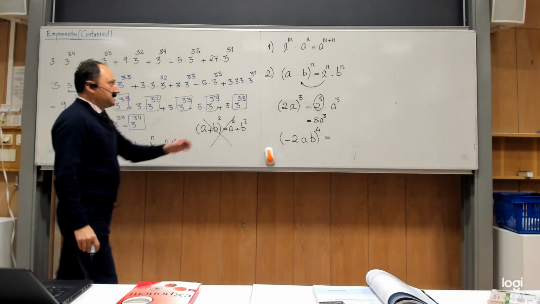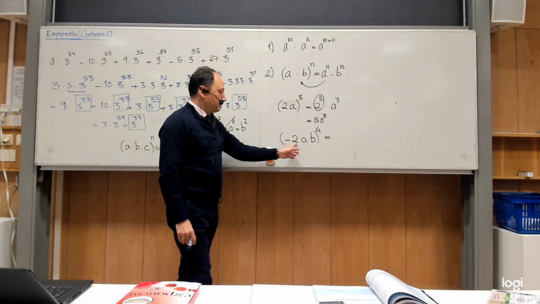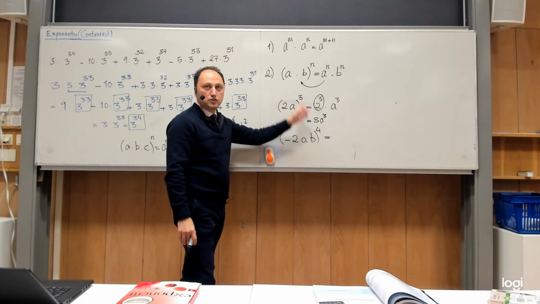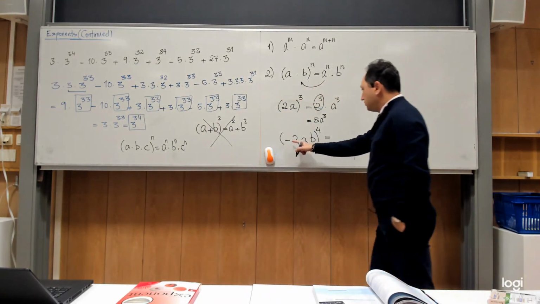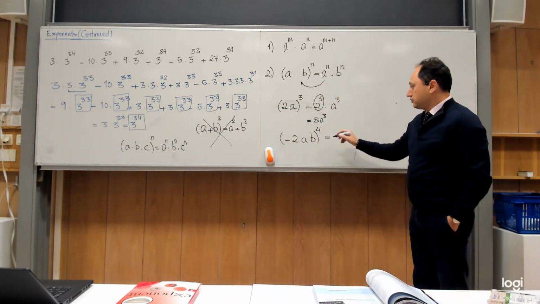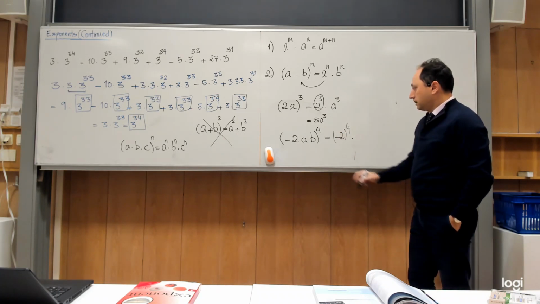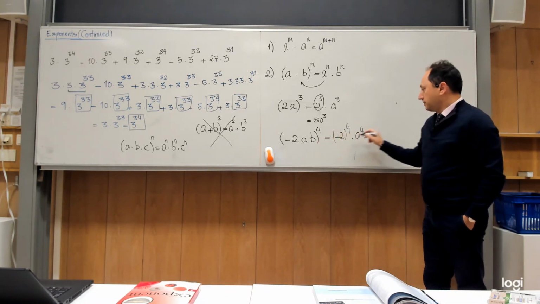So is this formula applicable here? Yes, because I have a product. This is the product of 3 numbers and I want to raise the whole package to some power. So how should I apply it? I need to take the first number and raise it to this power, multiplied by the second raised to the power, and then the third raised to the power.